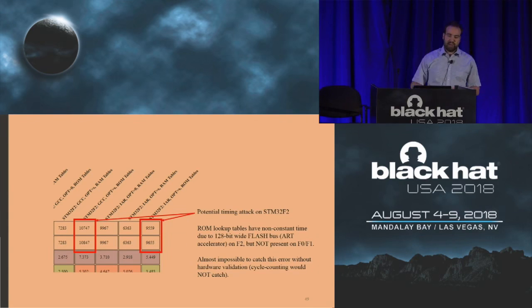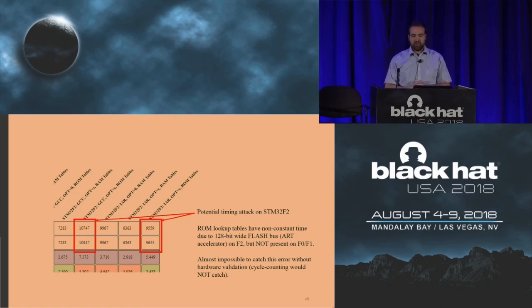So it's similar to a cache timing attack, but without the cache being enabled. Even if you totally disable the cache and turn everything off you can, you always see this inconsistency. The only way around it is to switch to RAM tables or to always do a lookup back to some constant address, which you wouldn't really catch without hardware validation.